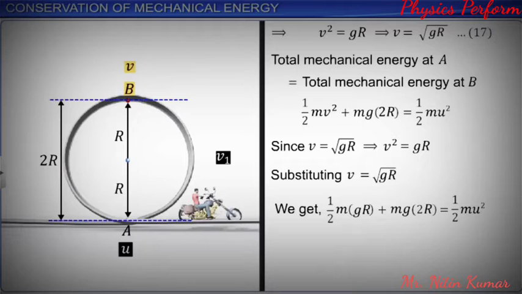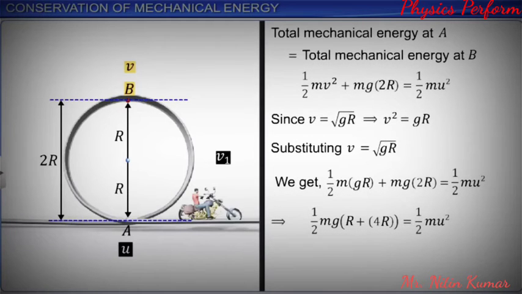On further simplification, we get half mg into r plus 4r is equal to half mu square. Thus, we get u square is equal to 5gr, or u is equal to the square root of 5gr, where u is the projection velocity at A.